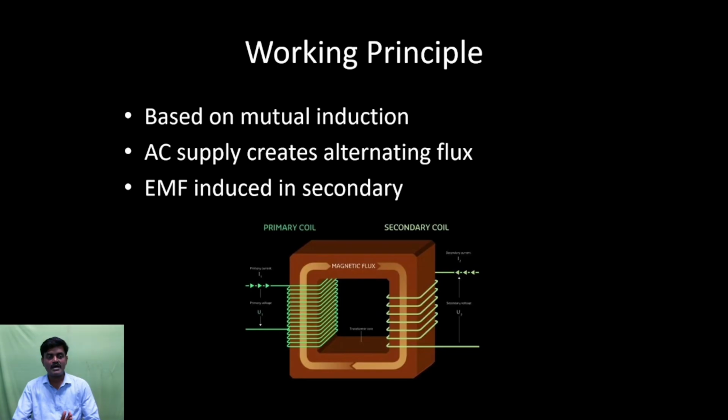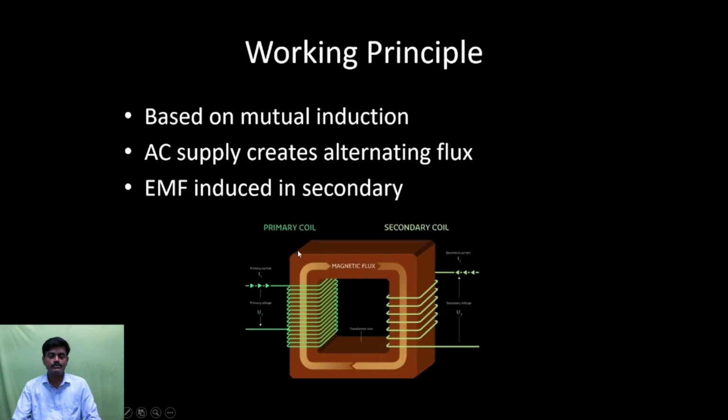If the magnitude of the voltage changes, accordingly the current values also change, and in turn the magnetic flux values also change. If the rate of change of flux occurs, automatically the changing flux links with this coil, and in turn it creates the induced EMF in the secondary. In this way I can get the secondary voltage on the secondary side.